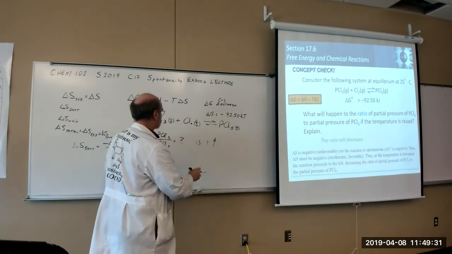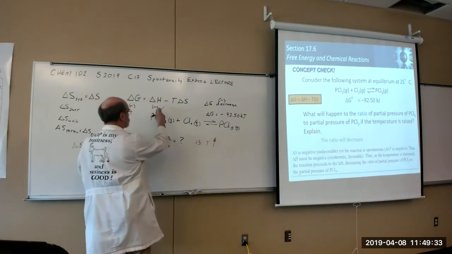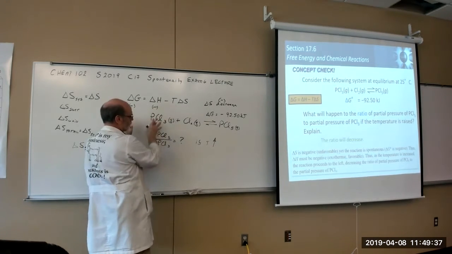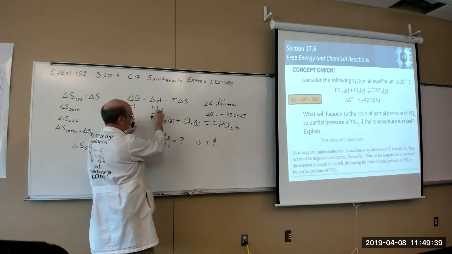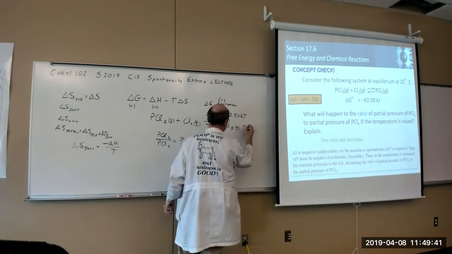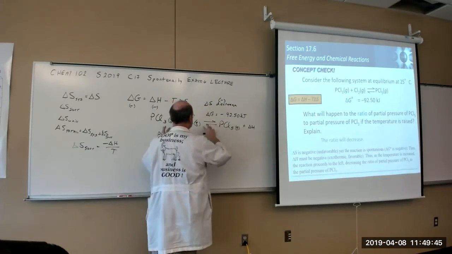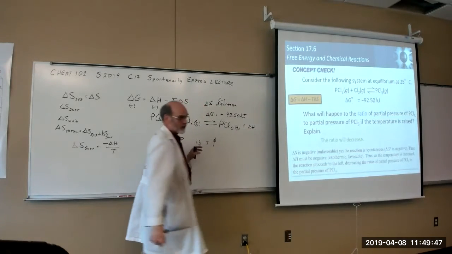Now that we know this one is negative from all this other information, that puts delta H on this side as a product.